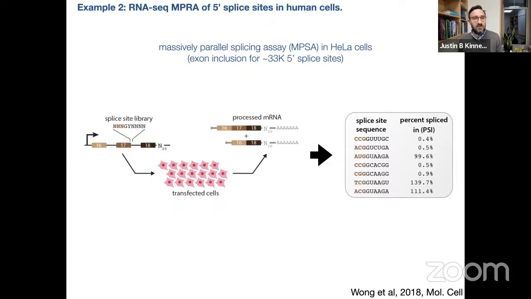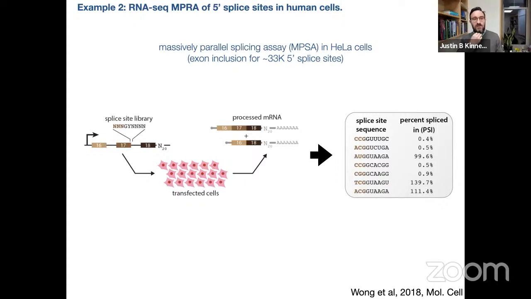The second example that I'm going to talk about is this RNA-seq-based massively parallel reporter assay of 5' splice sites in human cells. This is a collaboration between my lab and Adrian Krainer's lab. We published a few years ago.